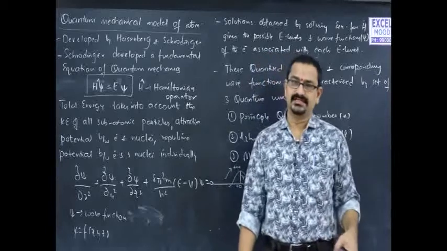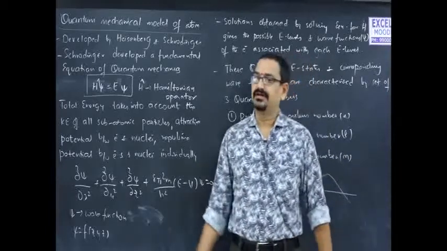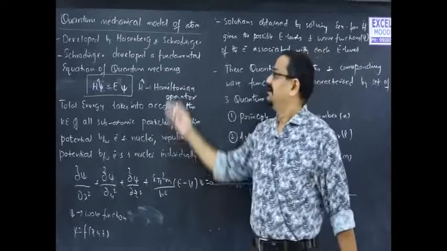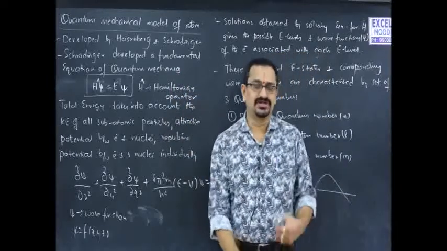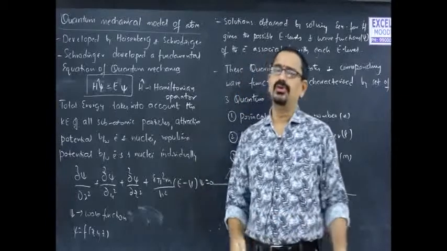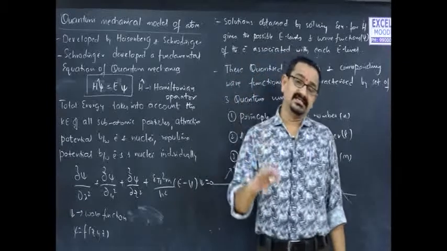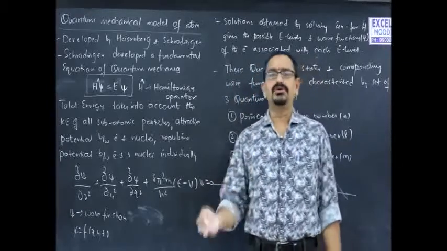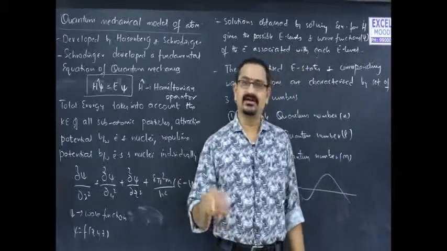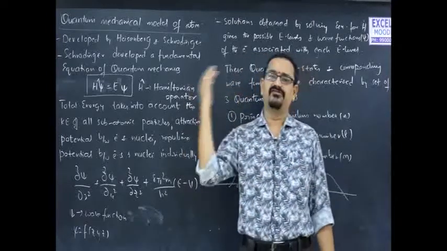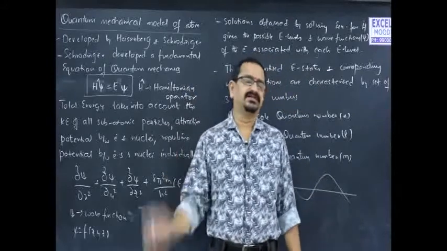Good morning, students. Let's continue the session with the quantum mechanical model of atom, which was developed by Heisenberg and Schrödinger. Actually, there is an old classical model which was based on Newton's laws of motion, which successfully explained the motion of macroscopic objects like a freely falling body or the movement of planets around the sun.